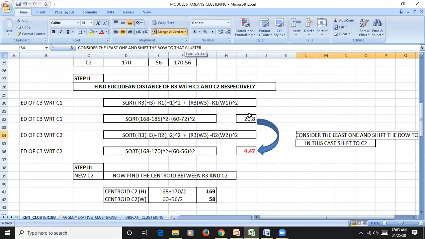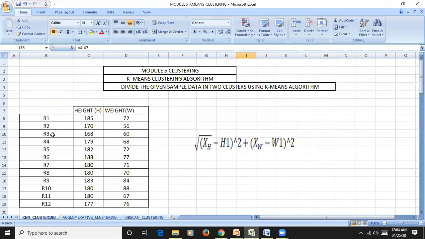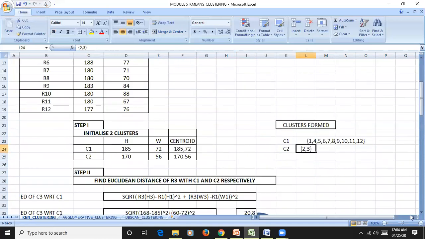Which happens to be the smallest one? 4.47, which I got with respect to C2. So my R3 can be a member of the cluster called C2.